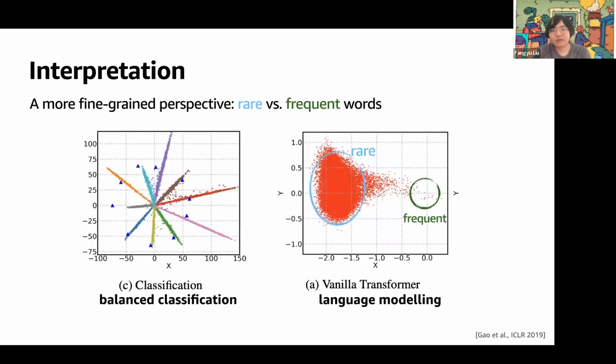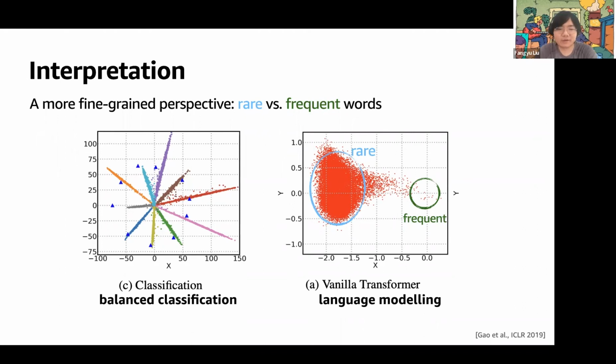If we want a more fine-grained understanding of this problem, we need to go a step further. I think this problem is largely caused by the imbalance of token frequency in language modeling. If you have a balanced classification problem like the left-hand side figure, in your embedding space, embeddings of different inputs should already be sort of evenly distributed.